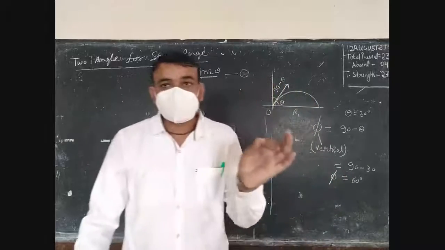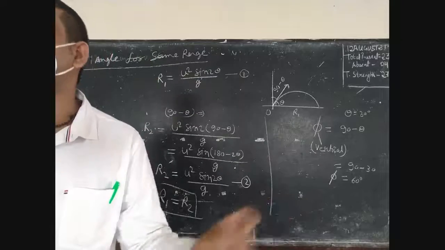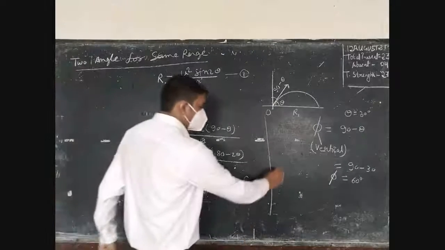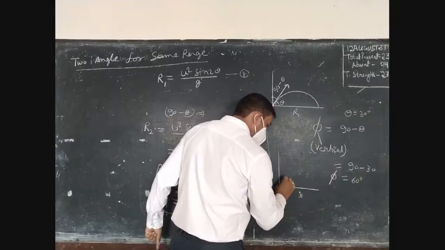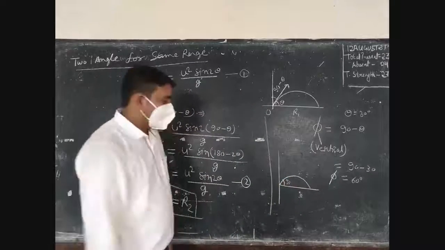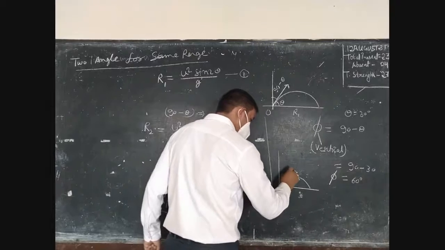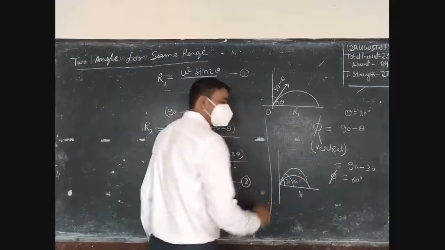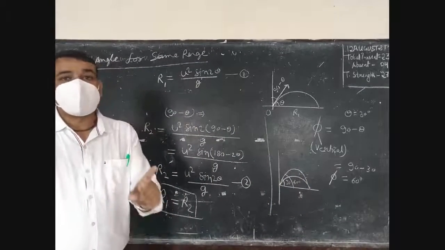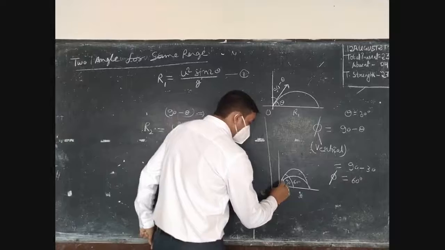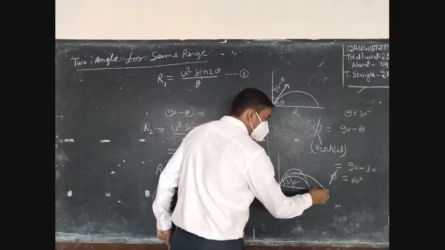So if we throw the projectile at a 60 degree angle, we get the same range. You can understand it this way: if you throw it from here like this and it makes a 30 degree angle, and if you send it like that instead, it covers the same distance, and this angle is 60. And if you throw it at a 45 degree angle, it will move like that and reach like this.